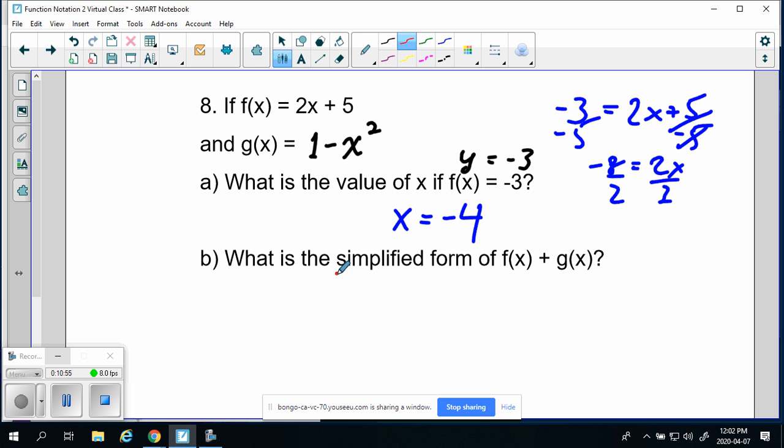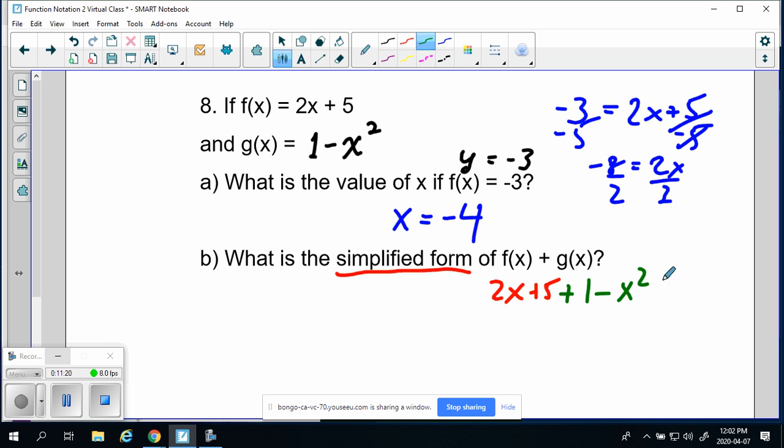In part B, it says, what is the simplified form of f of x plus g of x? Now, already I have a clue that this is not going to be a number because it did not ask for the value. It asked for the simplified form. So what this means is that our final answer will be an expression, and that's totally okay. They have not told us what to plug in, so I'm just going to take f of x, which was 2x plus 5, and I'm going to add g of x, which was 1 minus x squared.